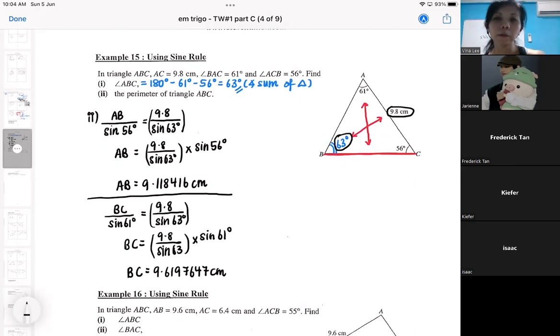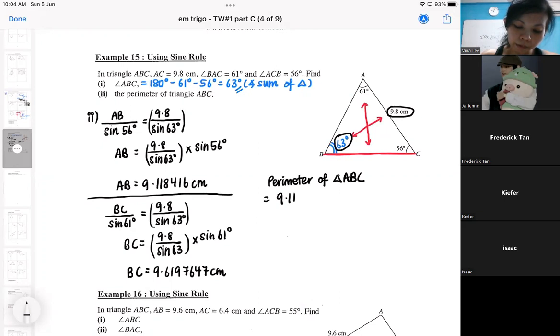If you perform your sine rule twice, you get 2 lengths, and that helps you with the perimeter. So use the chain of decimals. Then you add the 3 sides.